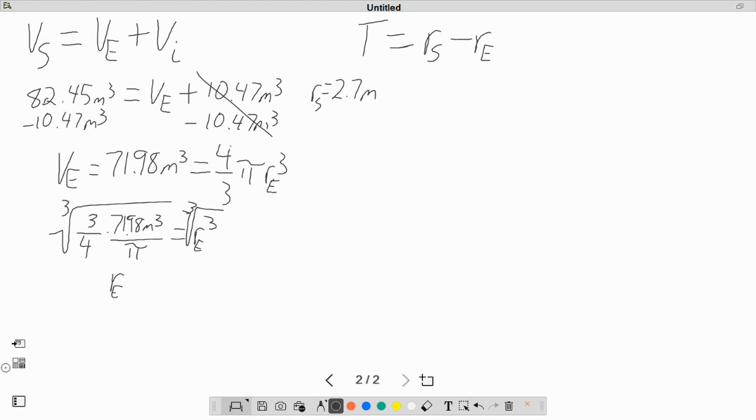So when you're doing this in your calculator, I think the part inside the root sign is pretty easy. 3/4 times 71.98 divided by pi.